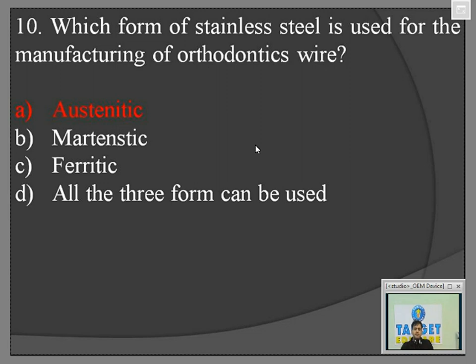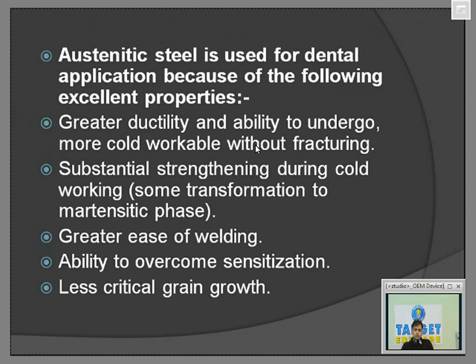Now question number 10, which form of stainless steel is used for manufacturing of orthodontic wire? The correct answer would be austenitic stainless steel. So let's have a look at some of the properties of austenitic stainless steel.